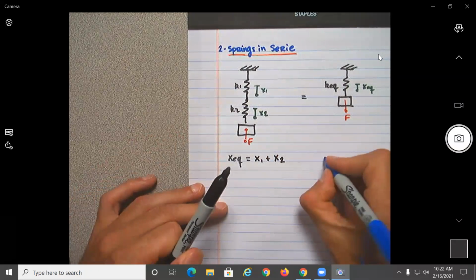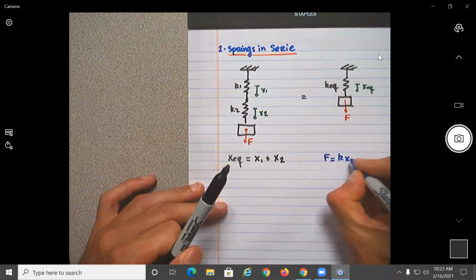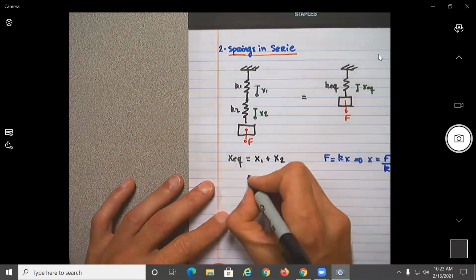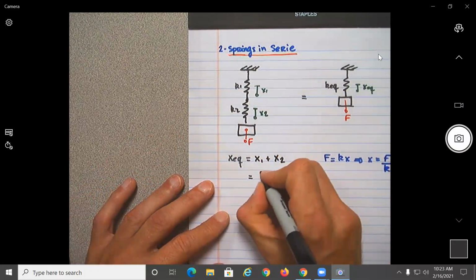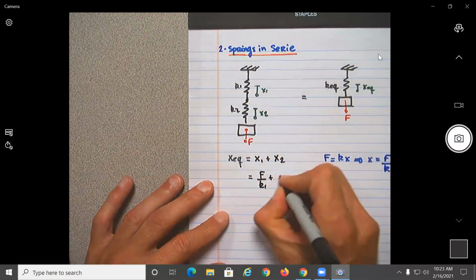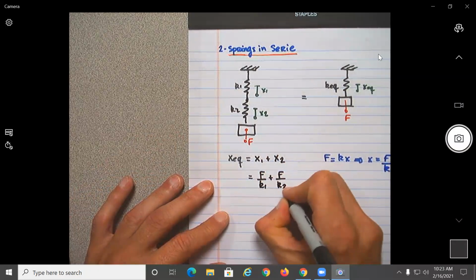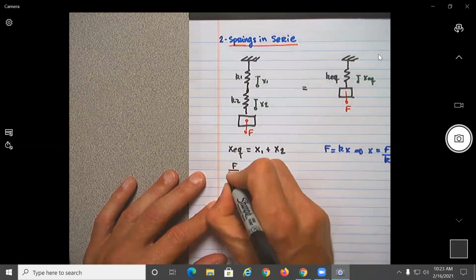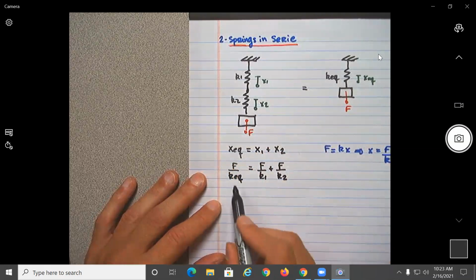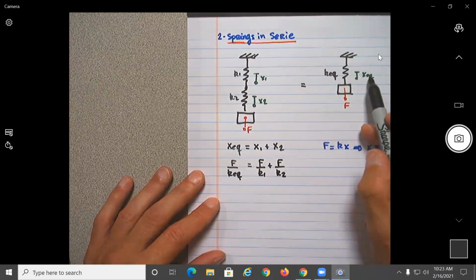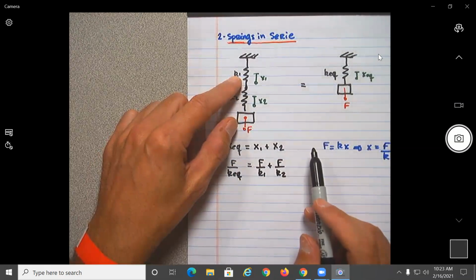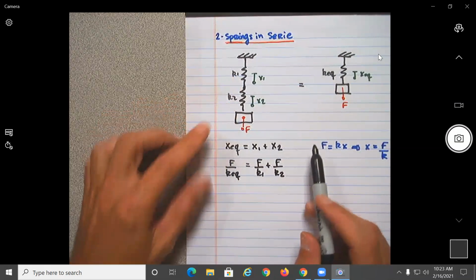And as before, you know the equation for a spring is F equal Kx, which will give you that X is F divided by K. So this will give you what? F divided by K1 plus F divided by K2. And this will be equal to F divided by the K equivalent. Because the force is the same, no? The force experienced by the first spring is F, the force experienced by the second spring is F. Same thing for the equivalent.